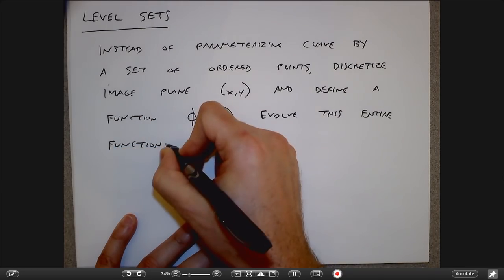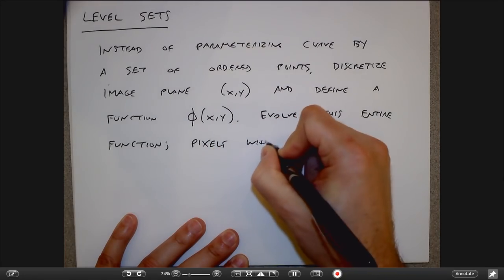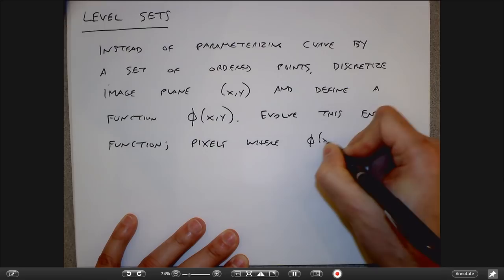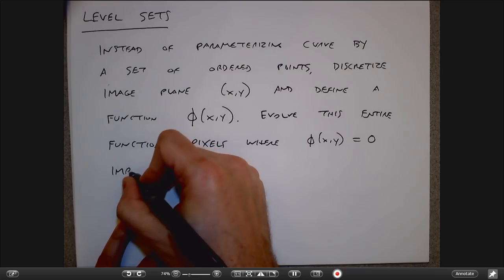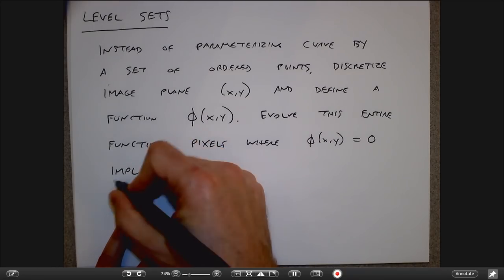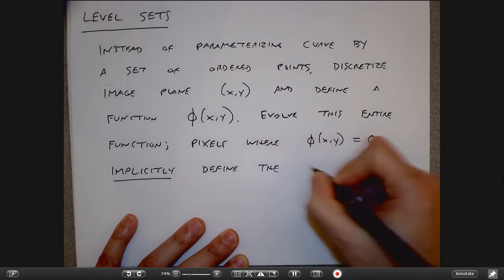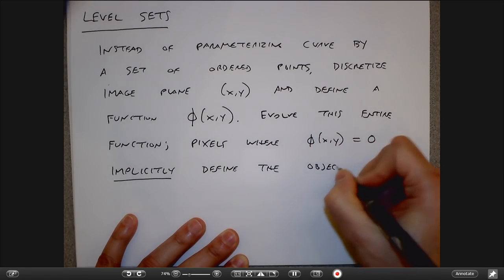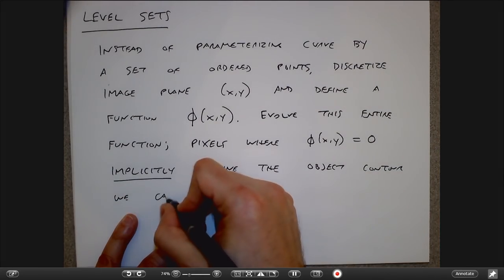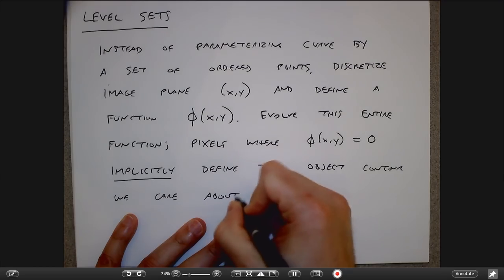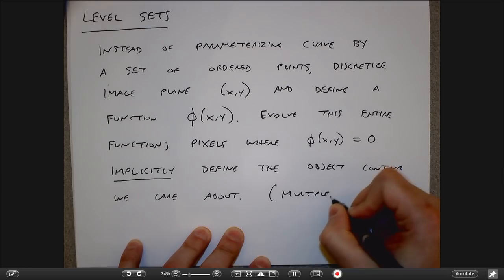And then the key idea is that the pixels where this function equals 0 implicitly define the object that we care about, which could have multiple objects, could have holes, and so on.